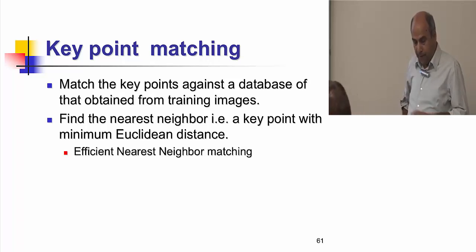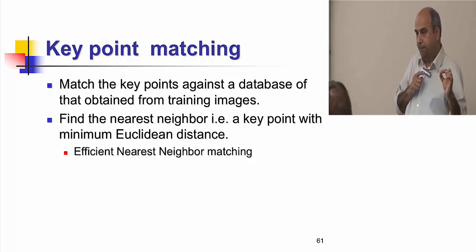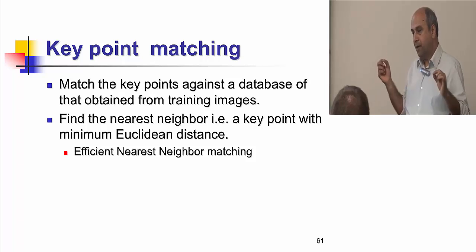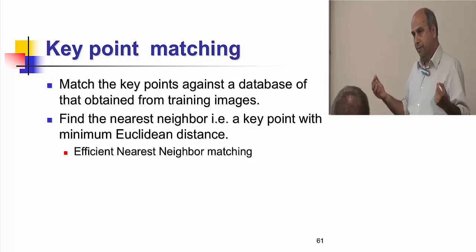It's called nearest neighbor. We find the input image, we have a 120-dimensional SIFT descriptor vector, and we have lots of other descriptors for the database images. We find the match, and we find the distance. Whichever gives you a small distance, that's a match, and that is called the nearest neighbor, the first nearest neighbor. There can be the second nearest neighbor, third nearest neighbor, and so on.